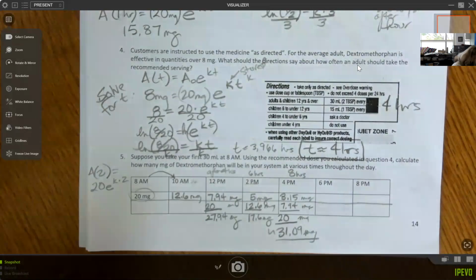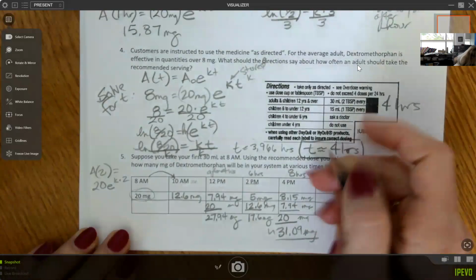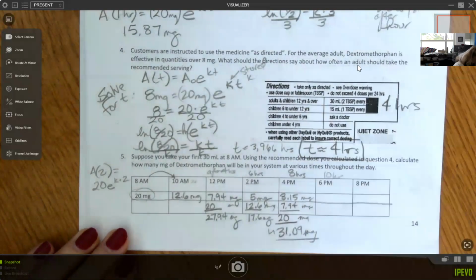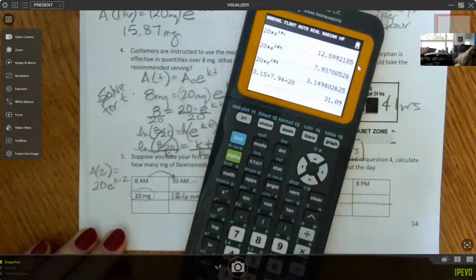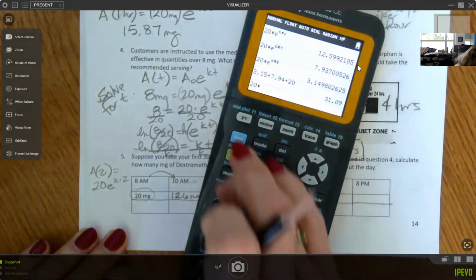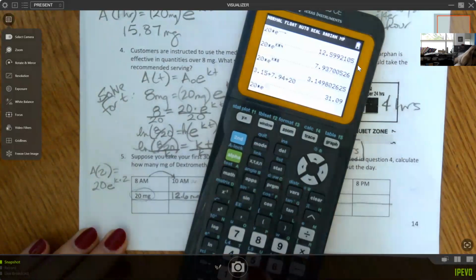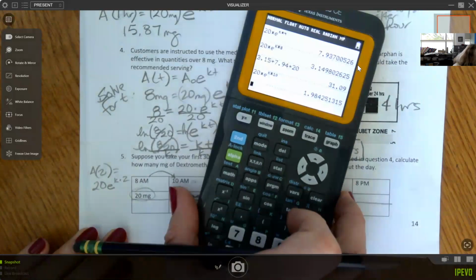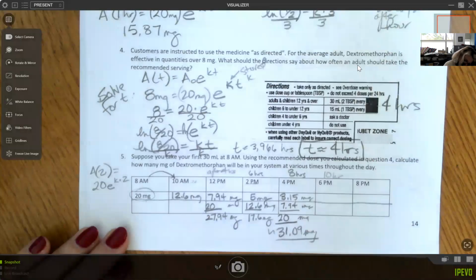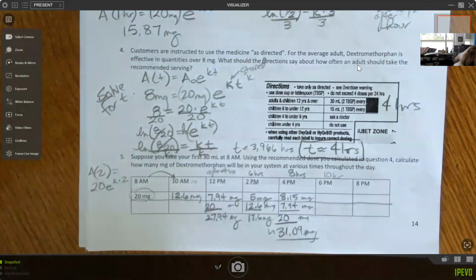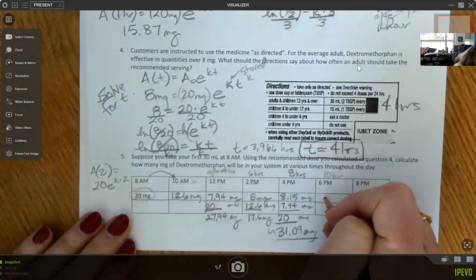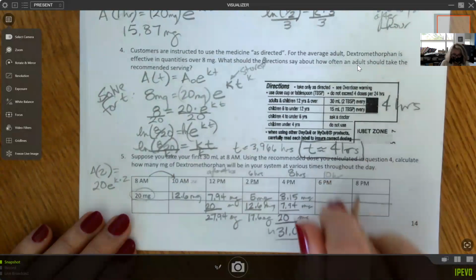Like here at the 10-hour mark, if I look at 20 times e to the k times 10, that initial dose is down to about 1.98.